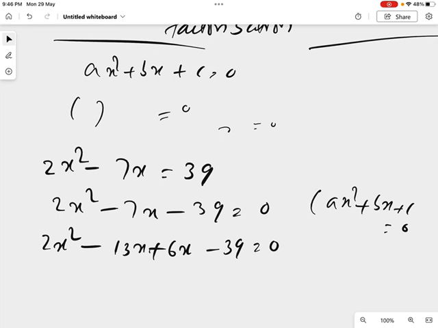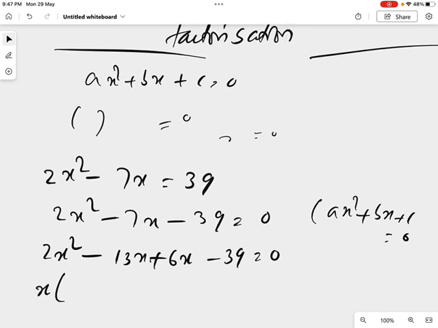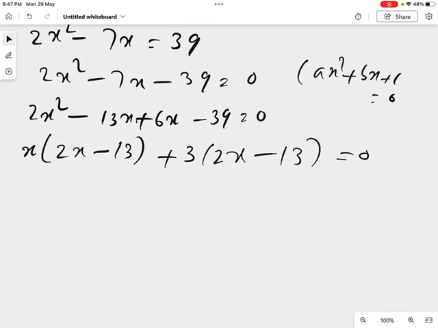Next, take x outside: x into 2x minus 13, plus 3 into 2x minus 13, that is 3 into 2x is 6x and 3 into 13 is 39, is equal to 0. Then the common factor is 2x minus 13, so x plus 3 into 2x minus 13 is equal to 0.